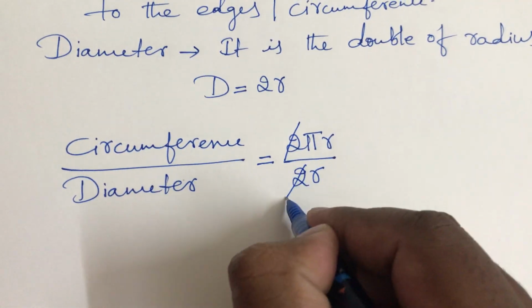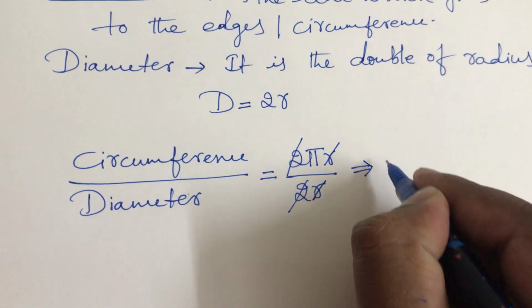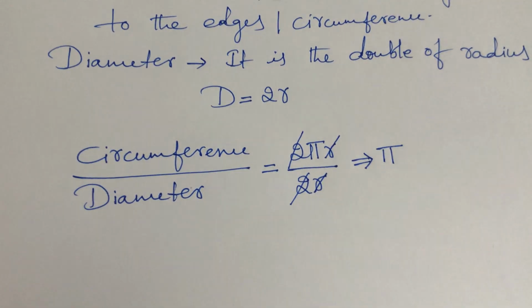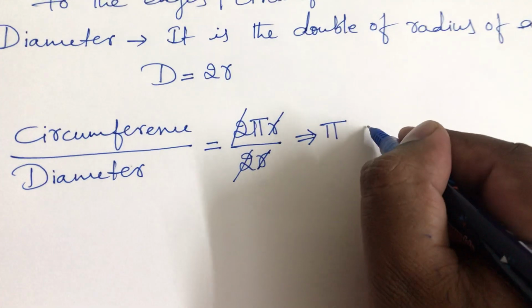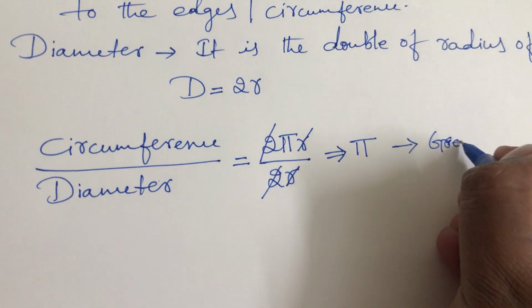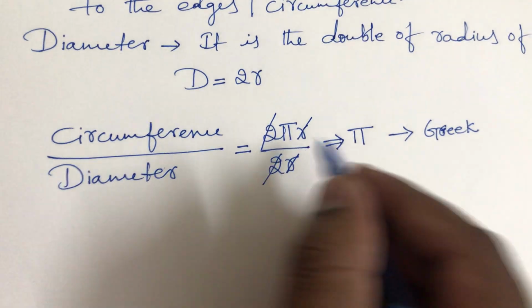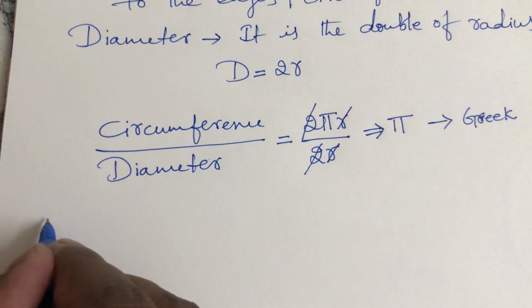Here the 2 will get cancelled, r will get cancelled, so we are left with pi. Pi is a Greek alphabet.